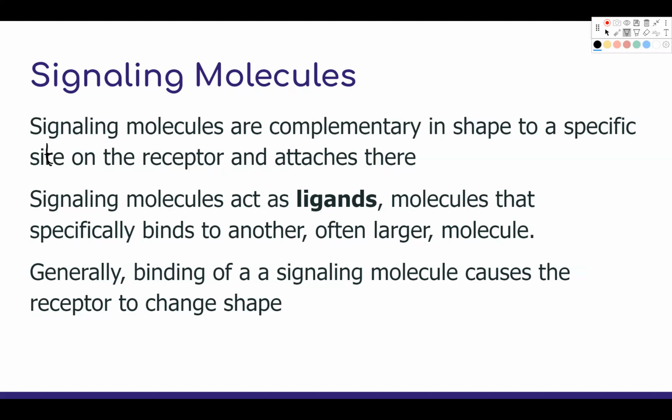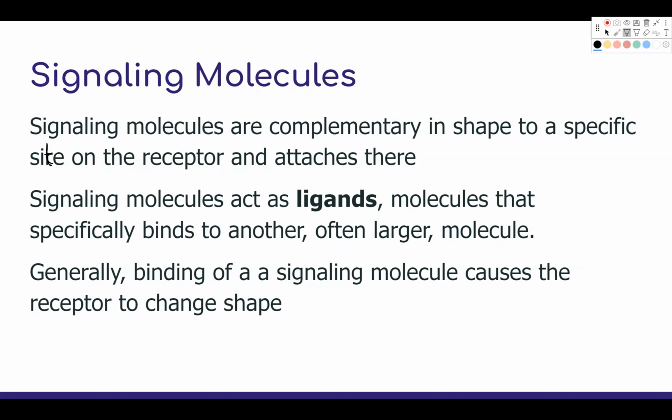So I won't make you write it twice if it wasn't important. Signaling molecules have a specific shape. That shape matches a site on the receptor. That's where it attaches. Just like the active site on an enzyme, we've got a special binding site on a receptor. Signaling molecules act as ligands. Ligand is a general term.